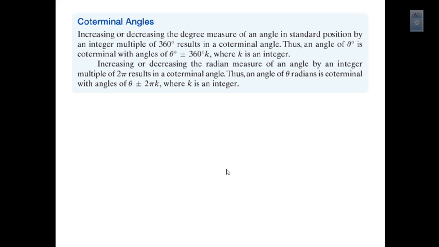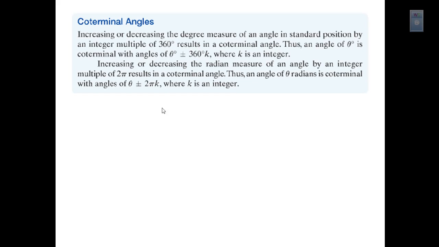Thus, an angle of theta degrees is coterminal with angles of theta degrees plus or minus 360 degrees times k, where k is any integer. 0, 1, 2, -1, -2, any of those.